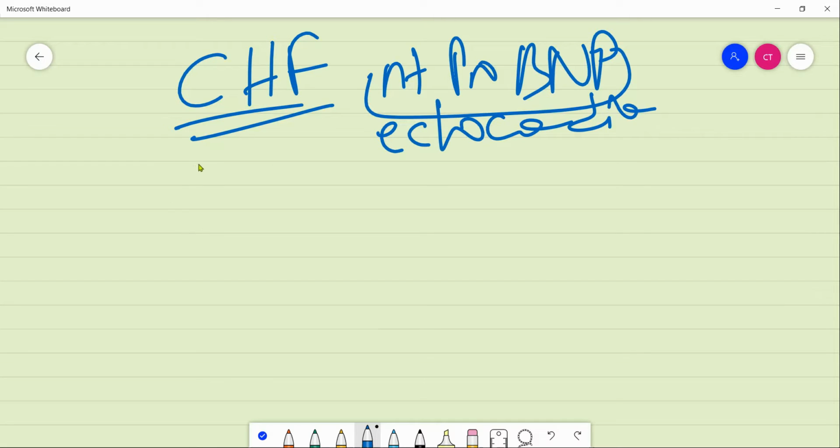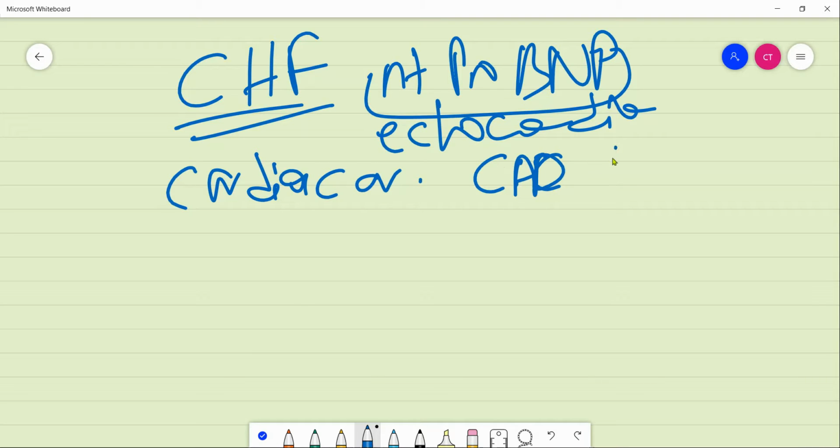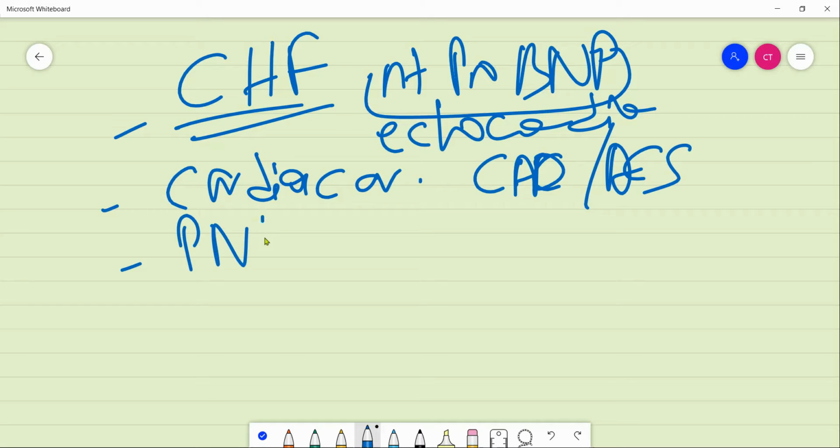Cardiac arrhythmias, what did we do? We obtained EKG. Coronary artery disease or acute coronary syndrome, what did we do? We obtained ECG and we obtained cardiac enzymes. Pneumonia, what did we do for that? We obtained the chest x-ray. Pneumothorax also can be ruled out with the chest x-ray.